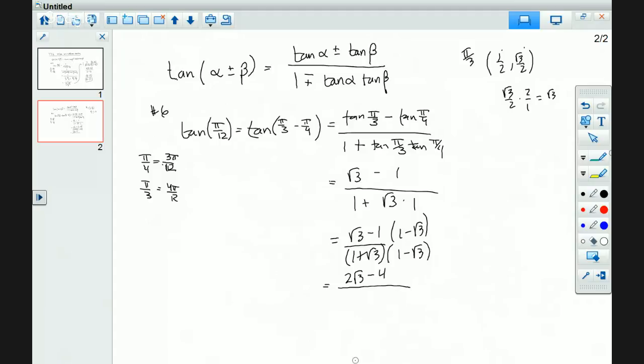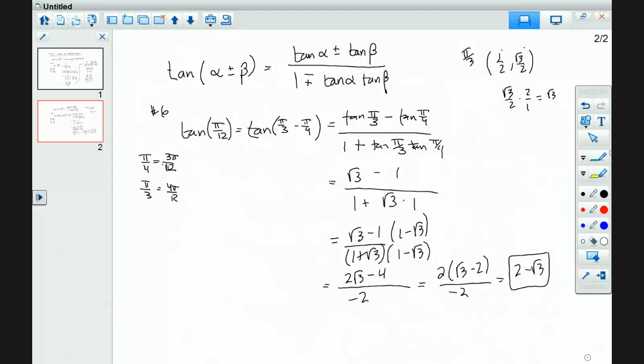And then this one would be 1 minus 3, which is negative 2. Because all we have to worry about on the bottom is the firsts and the lasts. And we'll have to simplify this, because there's a 2 in every one of them. So we can take a 4 out and get 3 minus 2, and I get 2 minus root 3 out the back end. And hopefully my answer's right. Yay!